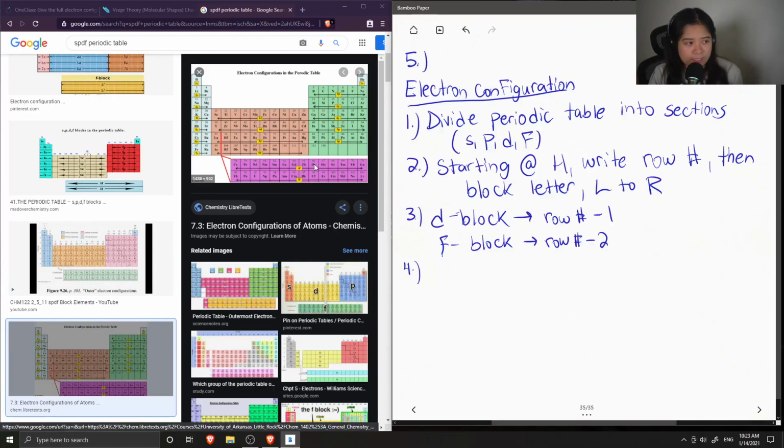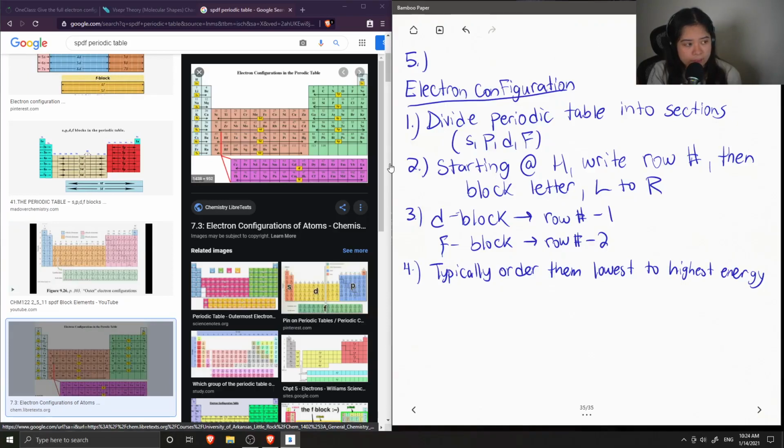And I'm just going to add a step 4. We typically order them from lowest to highest energy. So this is when you get to your D block section.